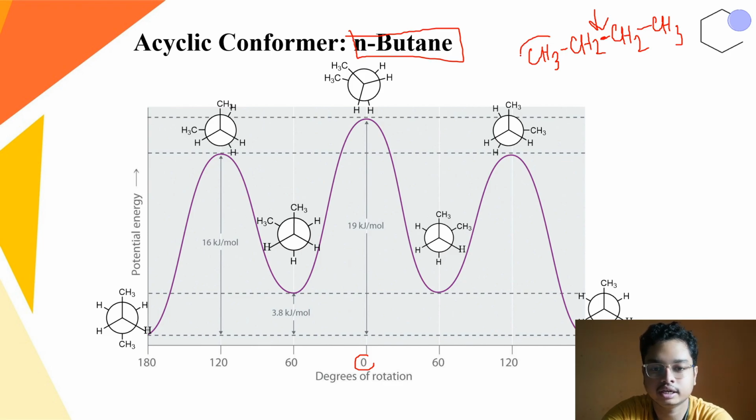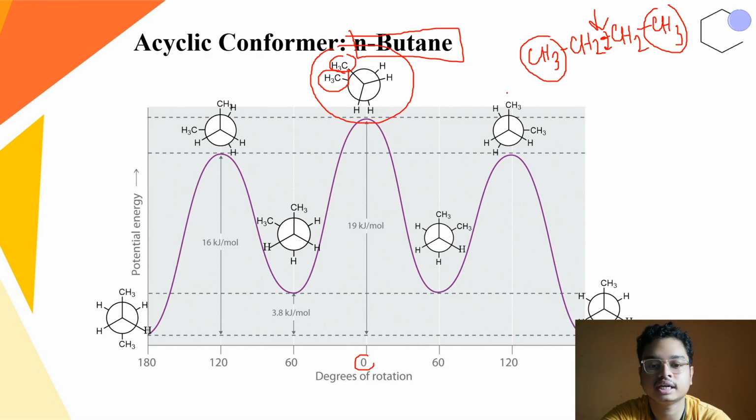Okay, so here two CH3 will be there, and in the eclipse conformer, when the rotation between these groups is 0-degree, these two are the methyl groups, and we all know that methyl groups are bulky enough, and due to this torsion strain as well as van der Waals strain is present here, and that's why this conformer has the highest energy.